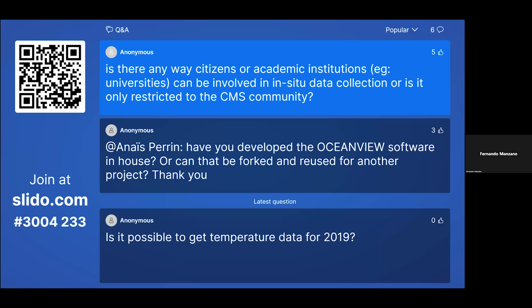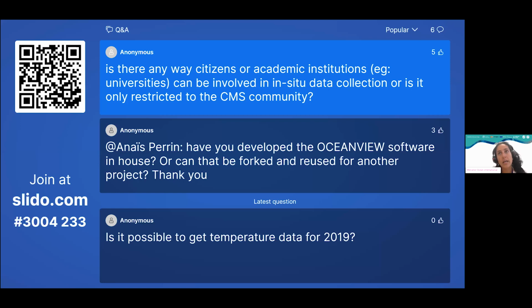If you detected any data that is not already in the CMEMS, in Copernicus Marine Service, then for sure you have to contact us. You can contact the regional responsibles, or you can contact me directly, or the In Situ TAC or whatever. Yeah, and we are going to manage it. So for sure, we are completely interested in getting more data.